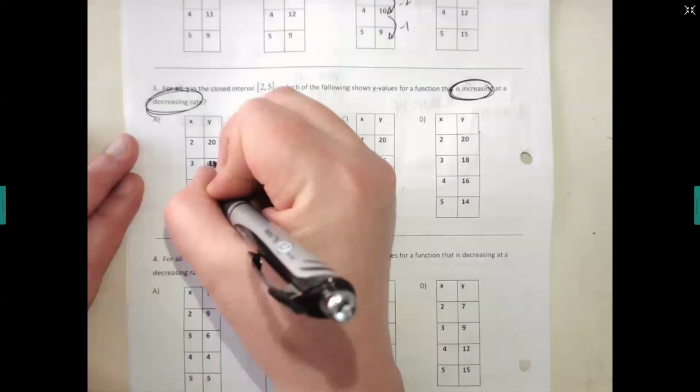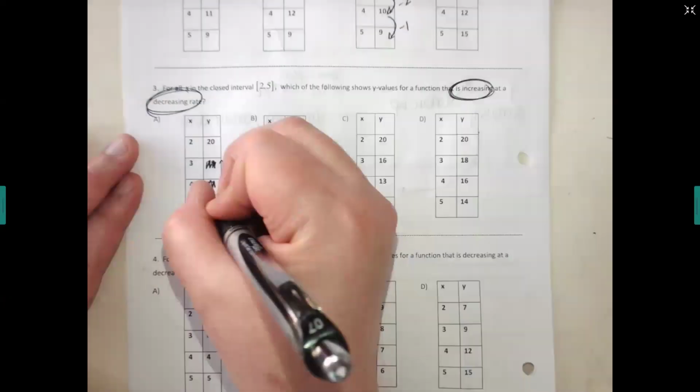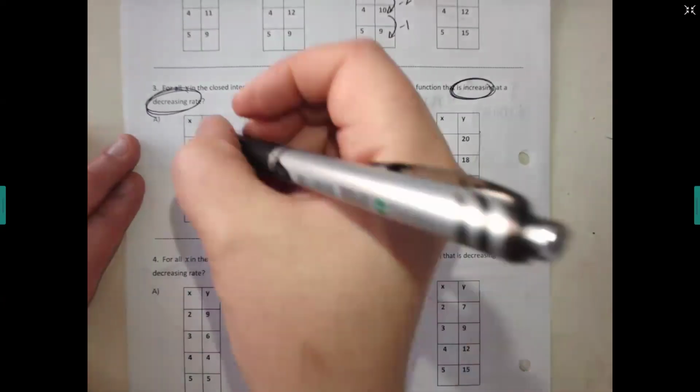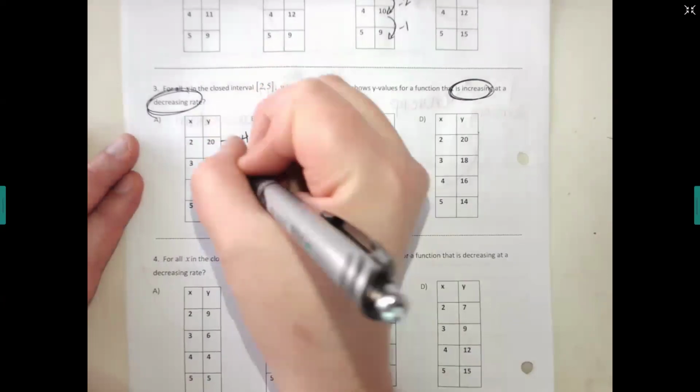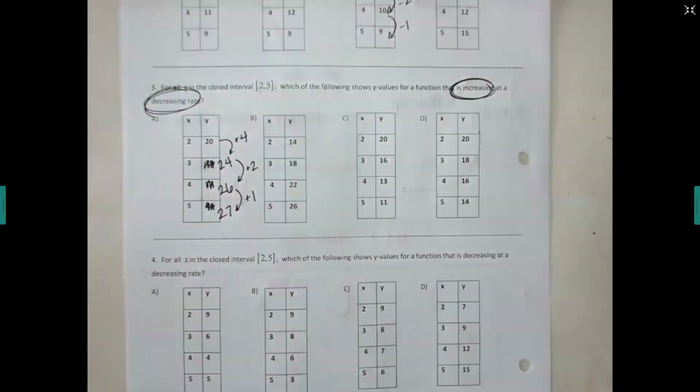It would have to be a jump of less than 3. So maybe I could jump 2 to 26, great. And then what would the next jump be? 27 is fine. They don't have to go in order, but they have to be getting smaller. So this one I jumped 4, then 2, then 1. That would be an example that would fit the criteria.